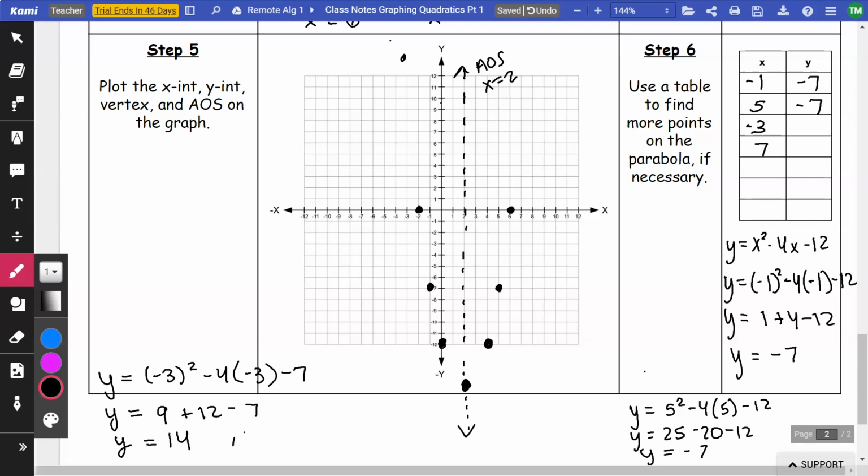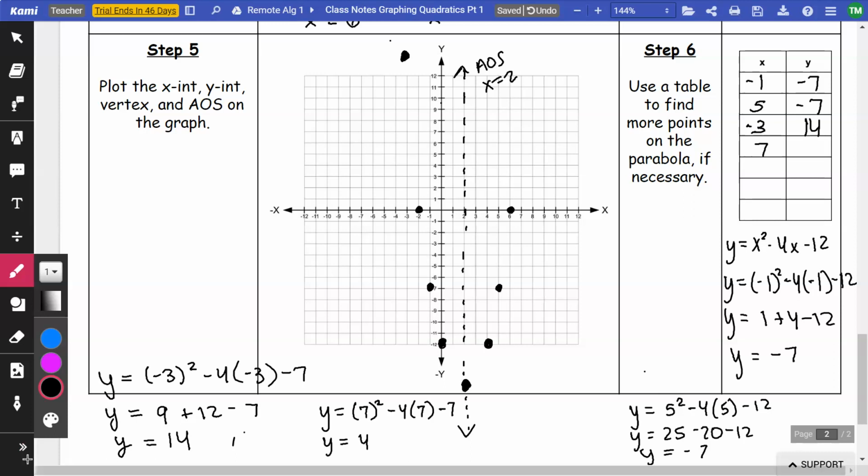So we're going to be off the graph just a little bit up here. And then if I plug in 7, I should also get 14. Let's see what happens. y is equal to 7 squared minus 4 times 7 minus 12.